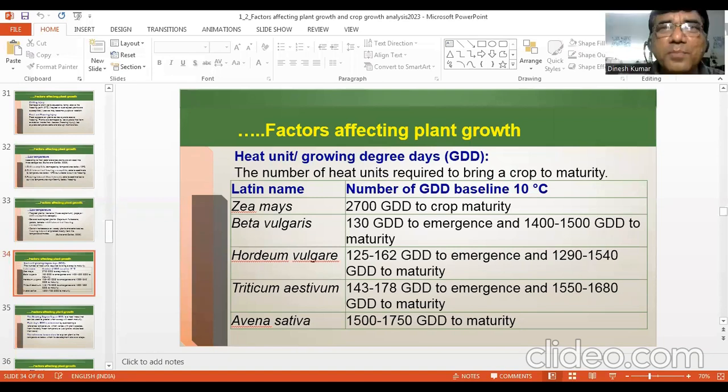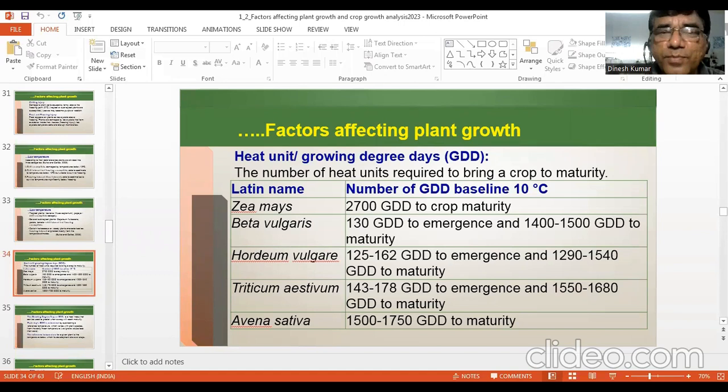Sowing time is almost similar, October, November, but in Madhya Pradesh, they start harvesting wheat after 20th March, I think. But here, it is harvested around 15 to 20 April.